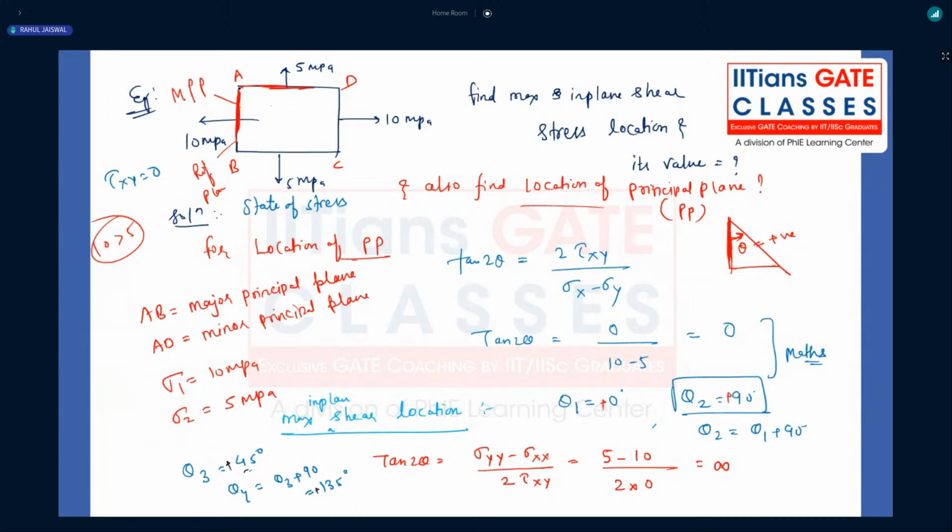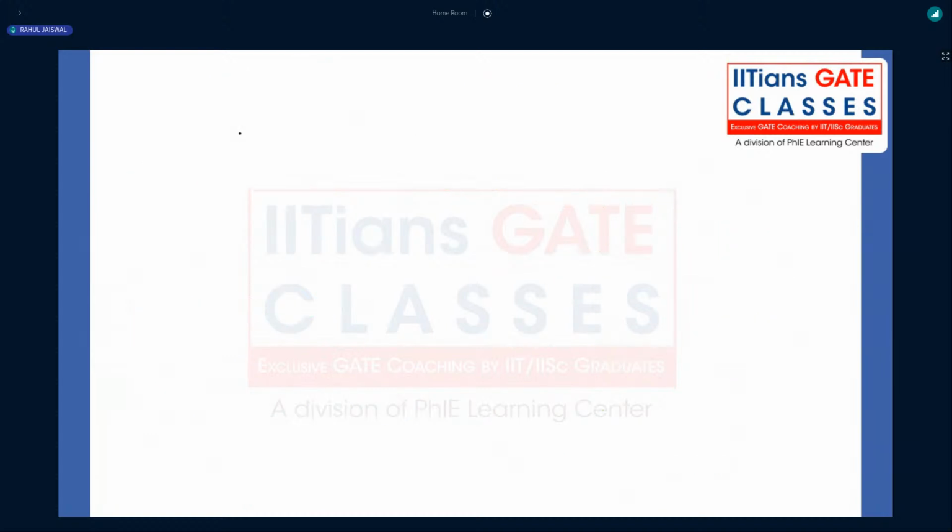So one will be positive 45 degree in the anti-clockwise direction. Tell me guys, what is the other value? Can I say the other plane will be something like this? Because this is making an angle 135 degree anti-clockwise. Getting my point, all of you? You can represent it like this, or you can also represent it like this.